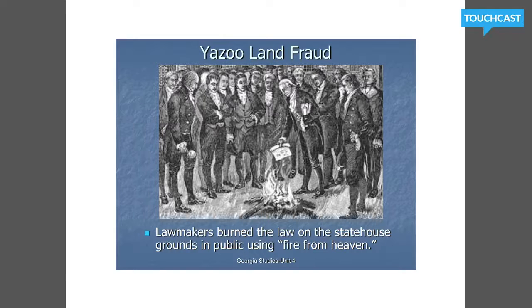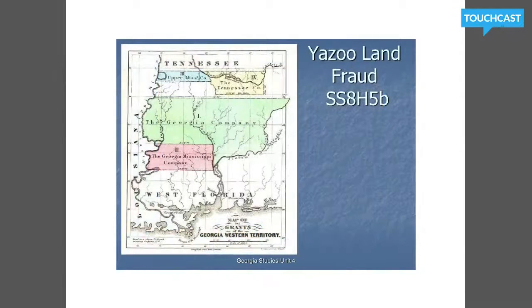Now, legend has it that they used a magnifying glass to bring fire from heaven to destroy the act. So the land that used to be Georgia, which stretched to the Mississippi, was given back to the federal government, which then created the states of Alabama and Mississippi.